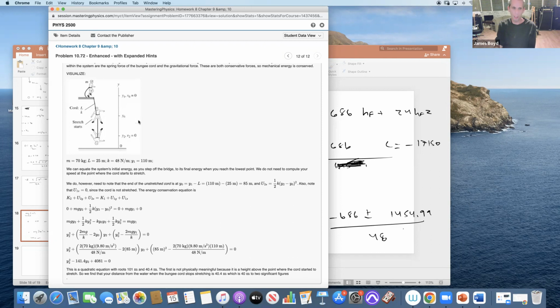So this is 85, the height there. X is 0 there, the x of the spring. And then when it gets down to here, the stretch of the spring is that distance.